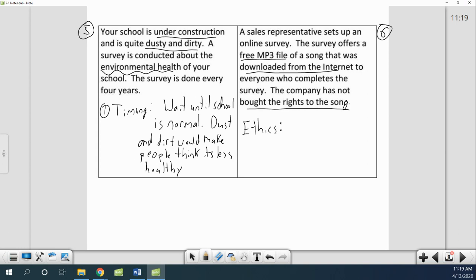A, people are only going to answer this if they want to have a free stolen song, but B, they're doing something illegal, which means if they get found out, they get in a bunch of trouble, and their data is going to be all probably confiscated or not be allowed to use it. So that's going to screw up not only their data, well, their business, but also there are people out there that feel very strongly about pirating things, and they will refuse to do it. So you will get no results.